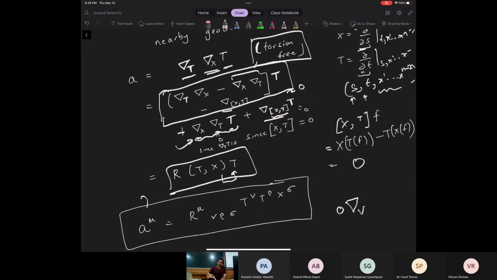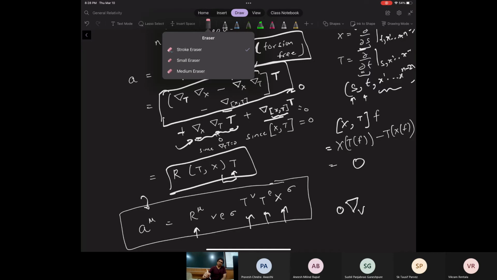The mu-th component of A is R^mu_{nu rho sigma} T^nu T^rho x^sigma.